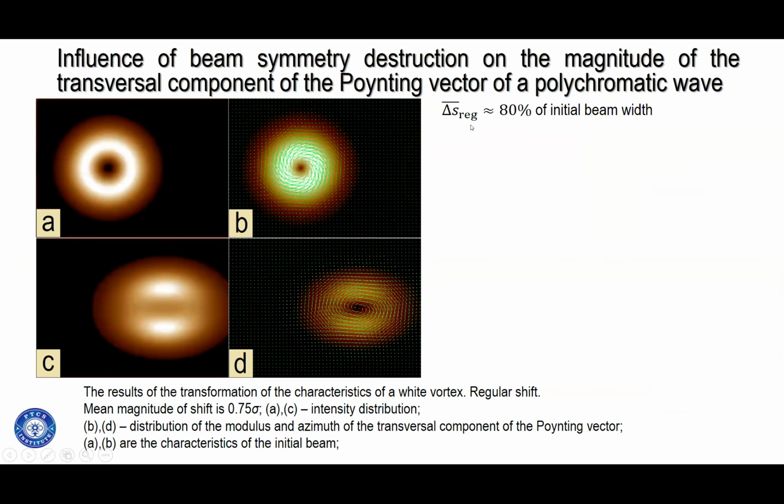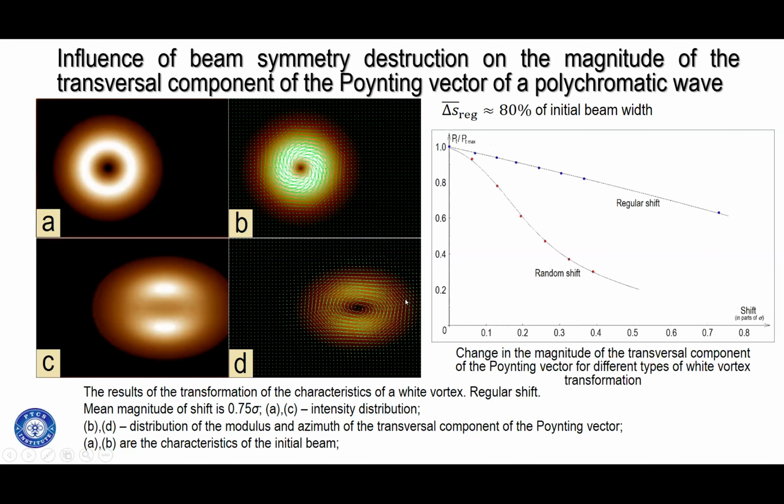And finally, this regular shift is equal to 80% of the initial beam width. We can see that even in this case, the circulation of the pointing vector is visible.